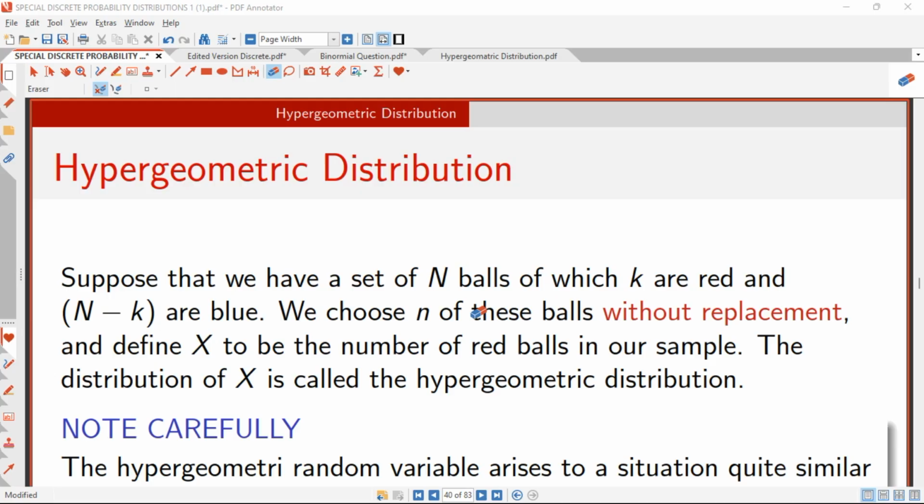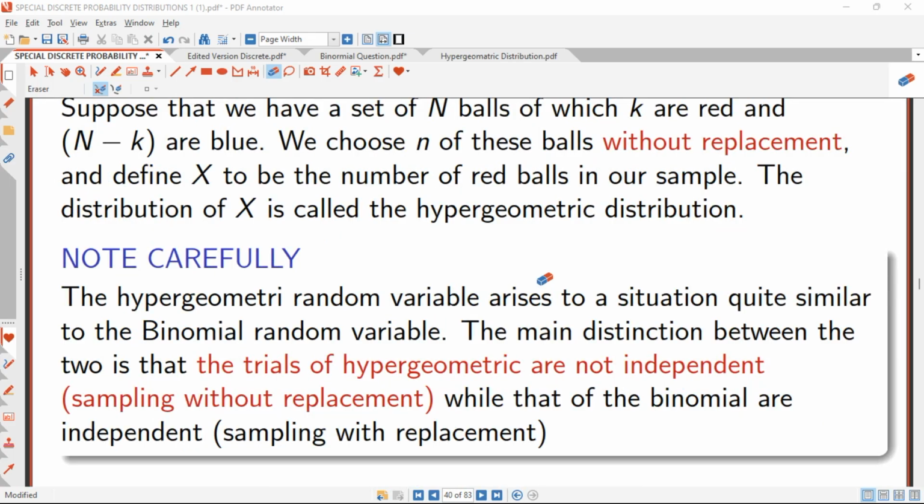When these random variables are selected out of the population, it is without replacement. This without replacement idea gives us a clear distinction between the hypergeometric distribution and the binomial distribution.